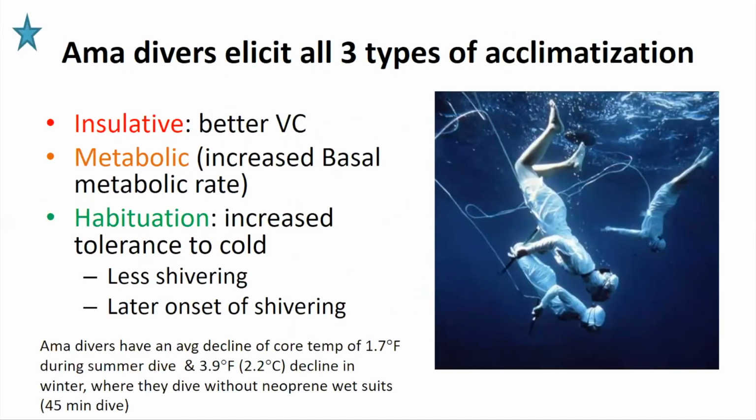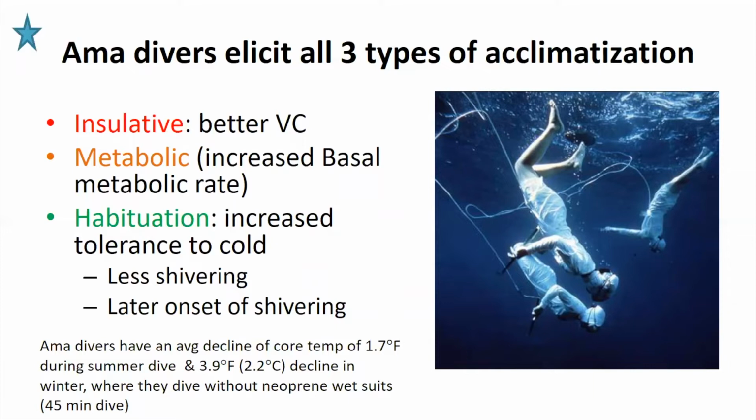So AMA divers are a special example because AMA divers elicit all three types of acclimatization. And I use the word acclimatization very loosely because we know that we don't have any real adaptations to cold. And the AMA divers might be the only example of this.